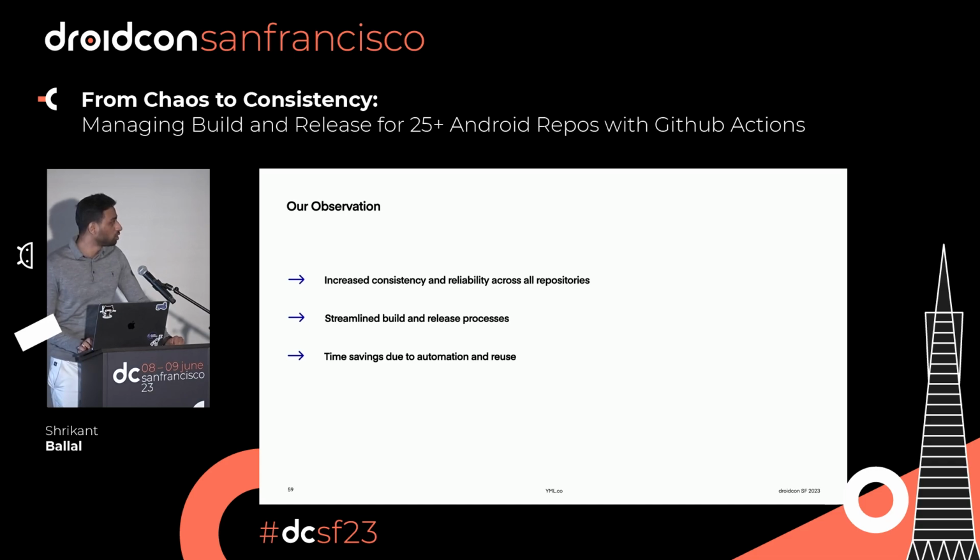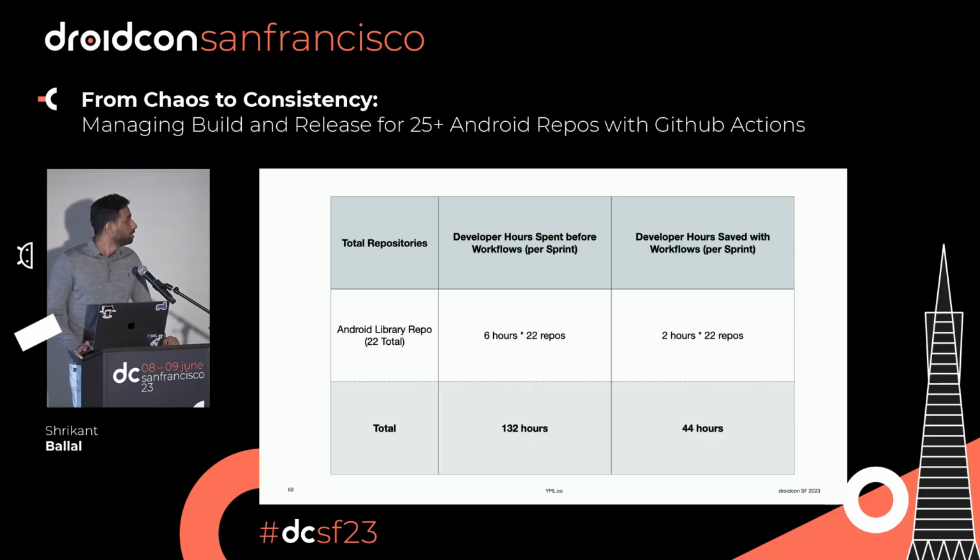Time savings due to automation and reuse. No need of any rollouts or duplication of effort. In the case of Jenkins, typically every developer was spending 6 hours in every sprint for all the 22 repositories that we have. It has reduced to 2 hours now.